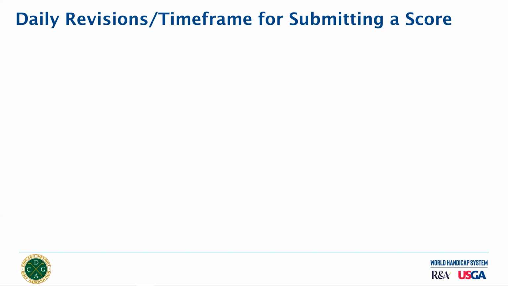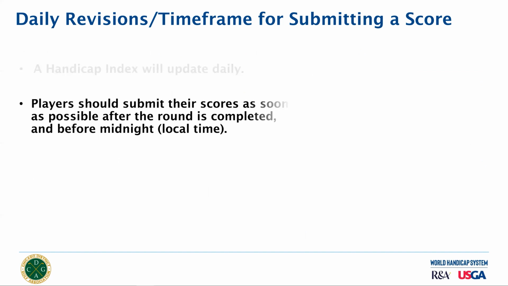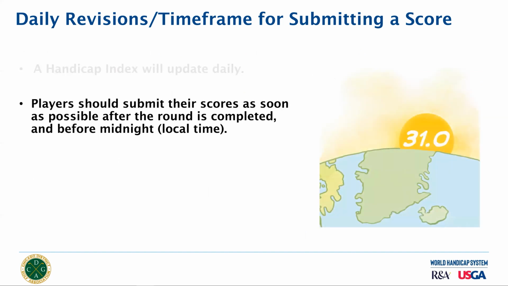Daily revisions and the time frame for submitting a score. The handicap index is updated daily. Players need to submit their scores as soon as possible after the round is completed and before midnight local time. That is the cutoff.